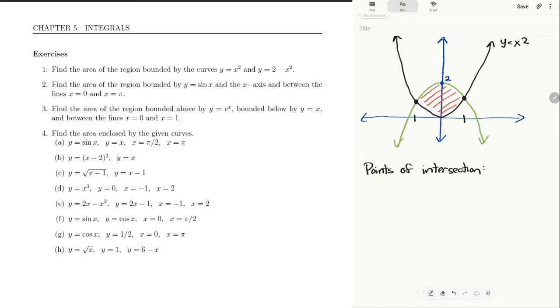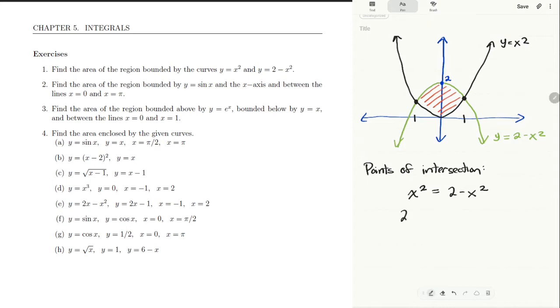And to determine their points of intersection, we're going to equate their functions. And so what we end up with is that we're solving the equation where x squared is equal to 2 minus x squared. So they have the same y coordinates. And so solving this equation will tell us the x coordinates of where they intersect.